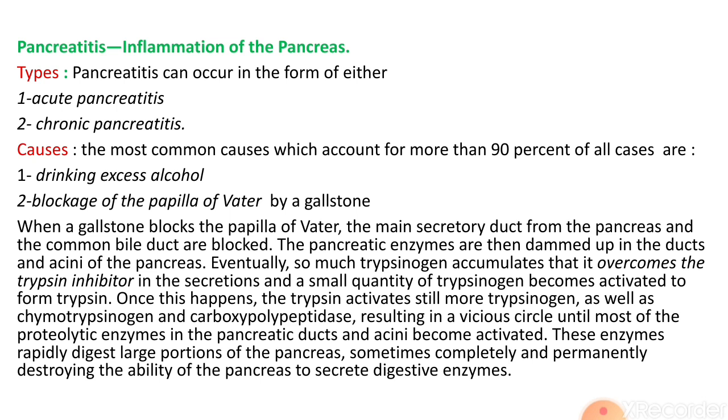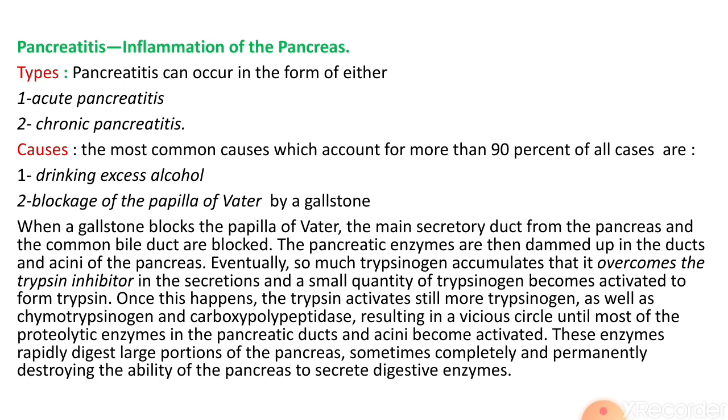As you know, the pancreatic acini secrete a large number of proteolytic enzymes which are in inactive form, trypsinogen, and when stimulated by enterokinase, it will be changed into the active form, which is trypsin. And once trypsin is formed, it will activate another proteolytic enzyme. As you know, we have a trypsin inhibitor.